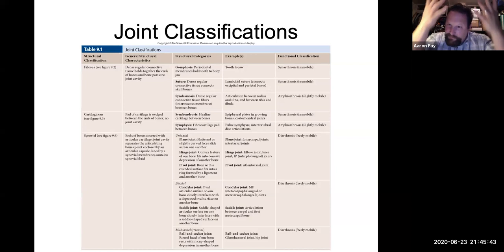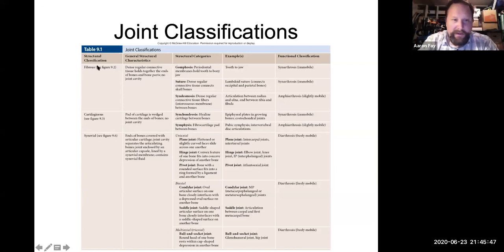This figure sums up the entire lecture thus far, right? You have anatomic designations of articulations, fibrous, cartilaginous, synovial. We're just describing what is in between the 2 bones. Right?